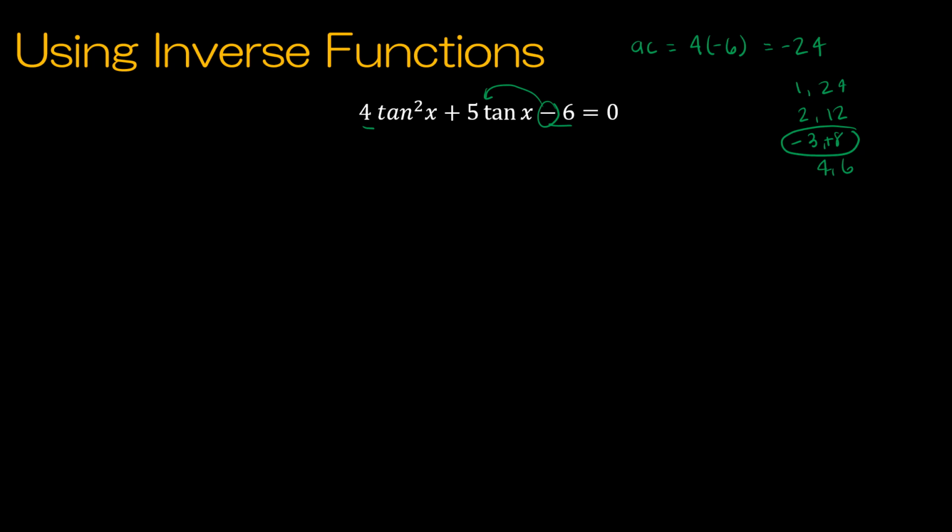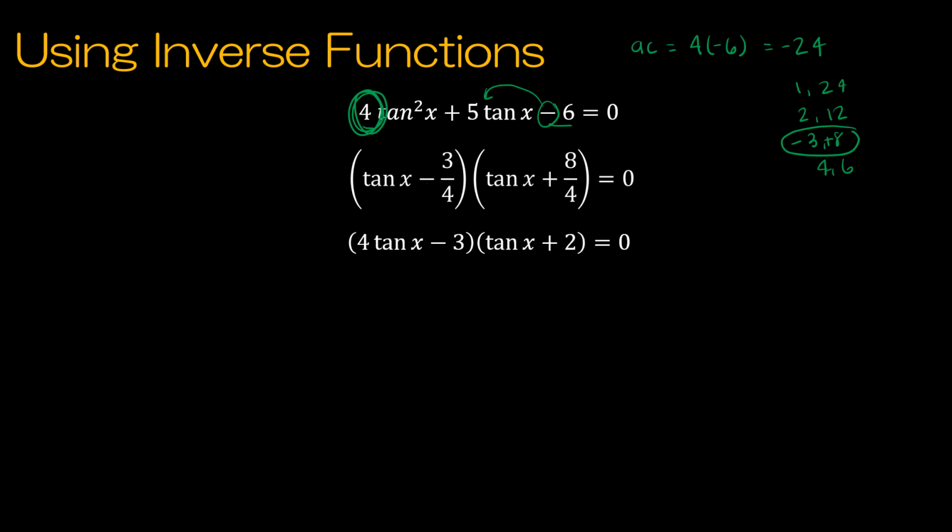I'll use those values when I factor by taking tangent of x minus 3 divided by a, so that's why it's called amazing factoring. I took the negative 3 divided by 4 and the positive 8 divided by 4. For my first factor, it doesn't reduce, so I have 4 tangent of x minus 3, and 8 divided by 4 is 2. So here's my factorization.